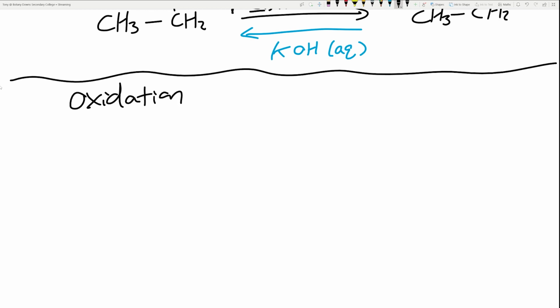If you've already done aldehydes and ketones, then you know that this part I'm doing right now is not fully correct. But this is aimed at NCEA level 2, some of the students doing year 12 chemistry. So for oxidation, let's give you some examples.